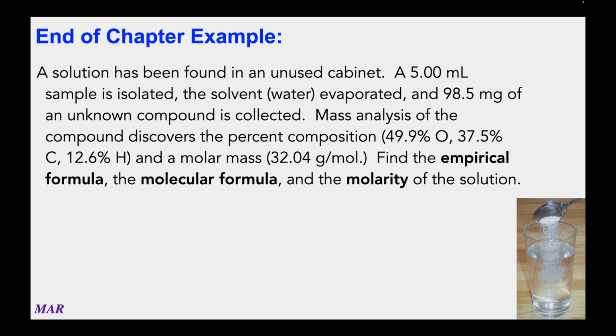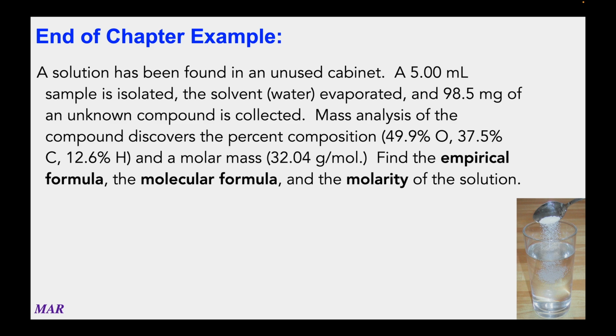So one final example to finish out this chapter. I'd like to do a combined problem here, where we're going to take some data and find the empirical formula, the molecular formula, and the molarity of the solution. Let's say that you're digging around somewhere and you find a solution in a cabinet that hasn't been used for a long time and the label's fallen off. So you send away a sample for analysis, and you have a 5 milliliter sample that you evaporate the water from, and you collect 98.5 milligrams of some unknown compound.